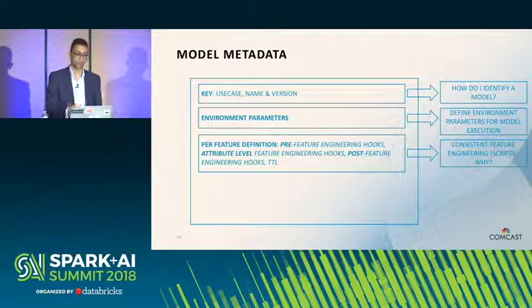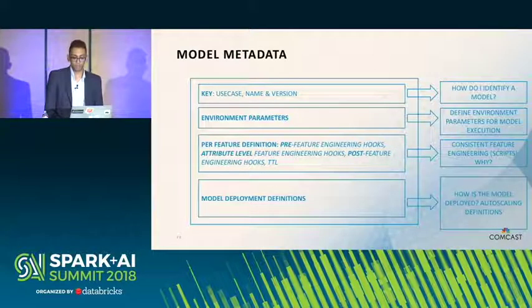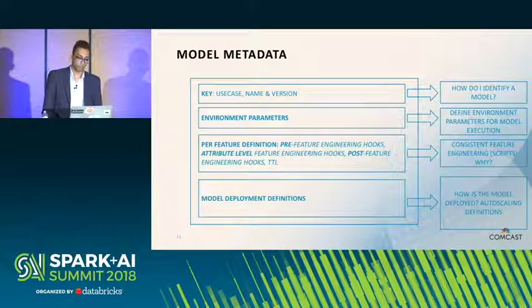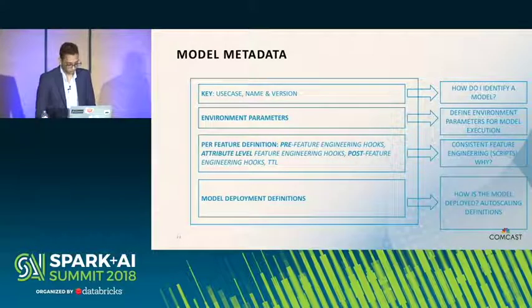And here we also define the time to live for each feature, because different models might have different times to live for the same feature. And lastly, we also specify how the model is going to be deployed, things like the auto-scaling options, and when to shut it down if it's going too badly, basically our safeguards and our business as usual.